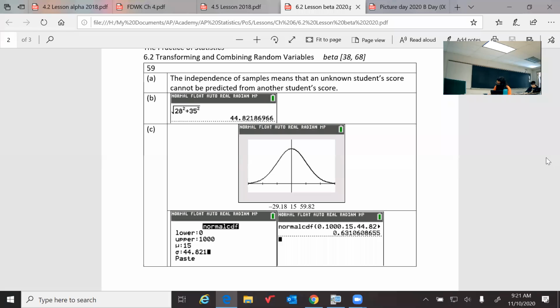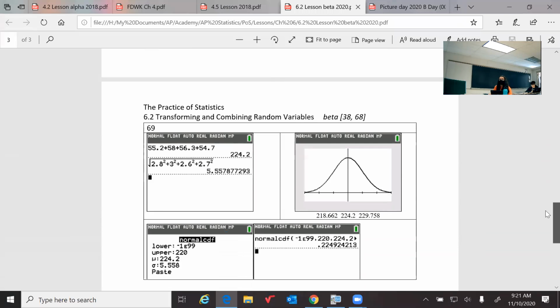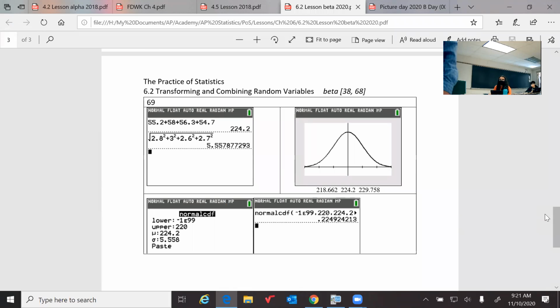All right, so for 69, sorry. What happens? 69, they're saying to you, you got 4 terms that add up.